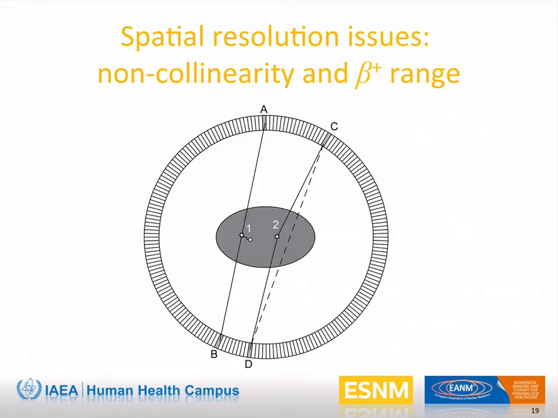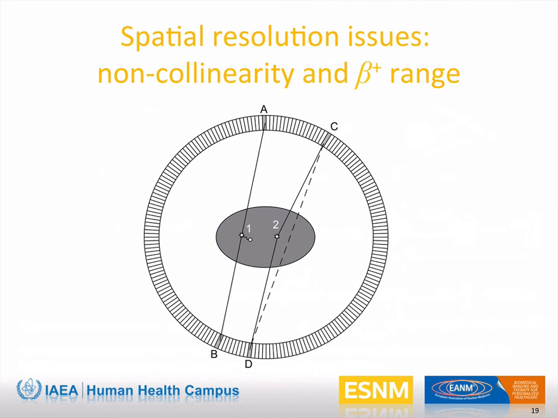In this slide, the two physical contributions to the spatial resolution are displayed in brief. In case 1, the line of response connecting detectors A and B does not pass through the emission point because of the positron range. In case 2, which is related to photon non-collinearity, the line of response connecting detectors C and D does not pass through the annihilation point, and then does not pass through the emission point in turn.